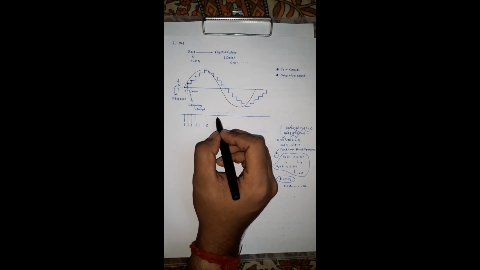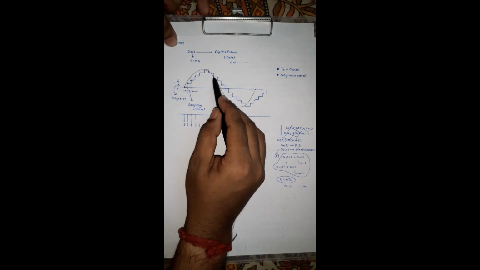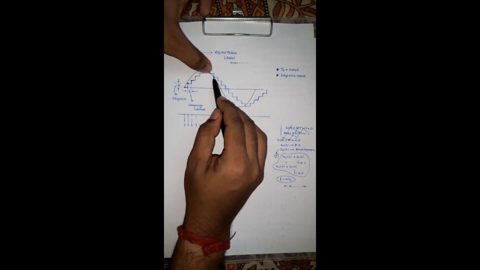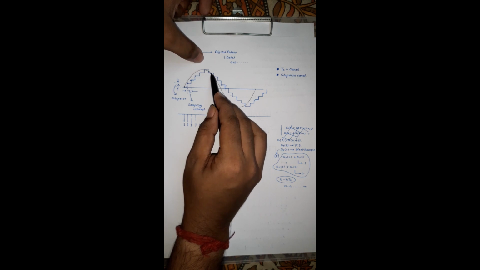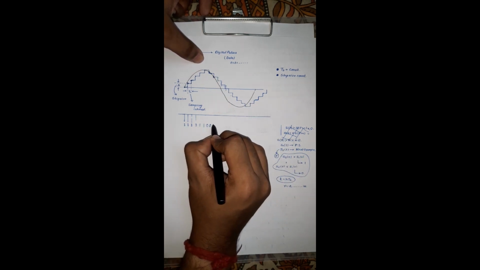Again, when this sample value is less than the previous one, again a 0 will be produced.